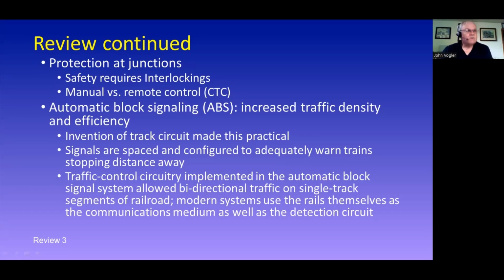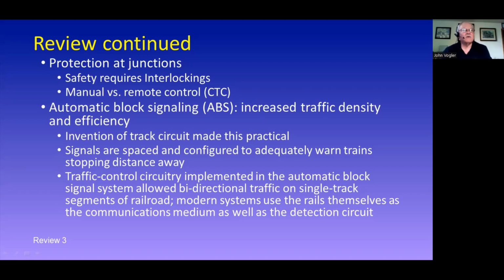And then when traffic control circuitry was added to the automatic system, it allows bidirectional traffic to move on a single track railroad. And that's when the CTC really became efficient, because the dispatcher could use the signaling system to make sure that he didn't have conflicting trains. He didn't have to have two tracks.